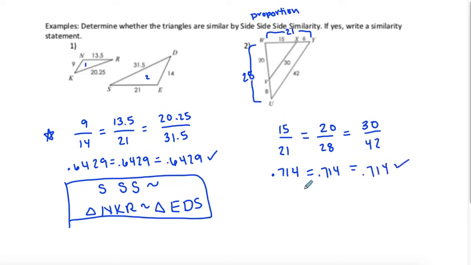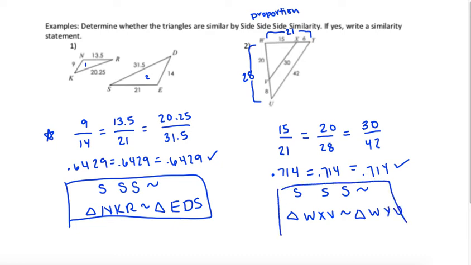This is true, so now I have side, side, side similarity, because each of these are proportional, telling me that triangle, I'm going to name the small one WXV, is similar to triangle WYU. So because we have proportional sides there, we guarantee similar triangles here.